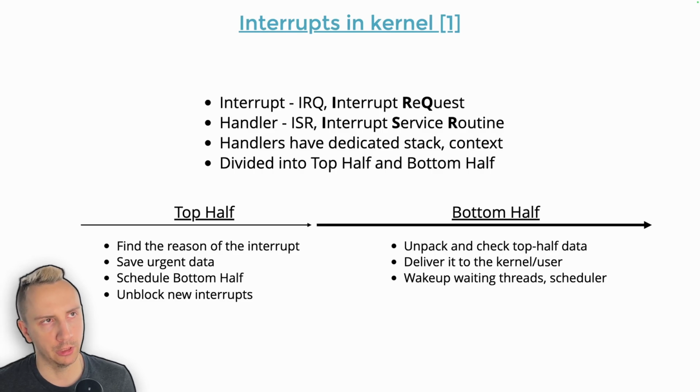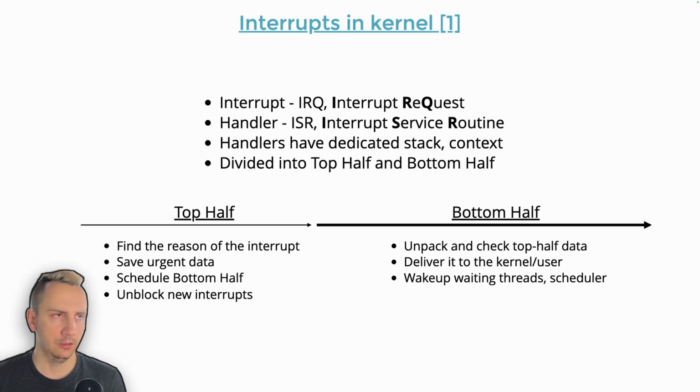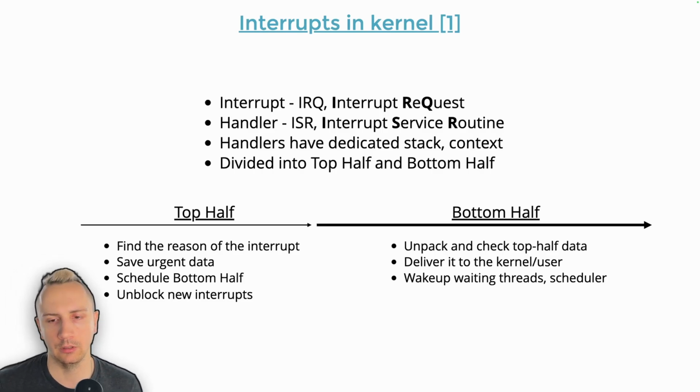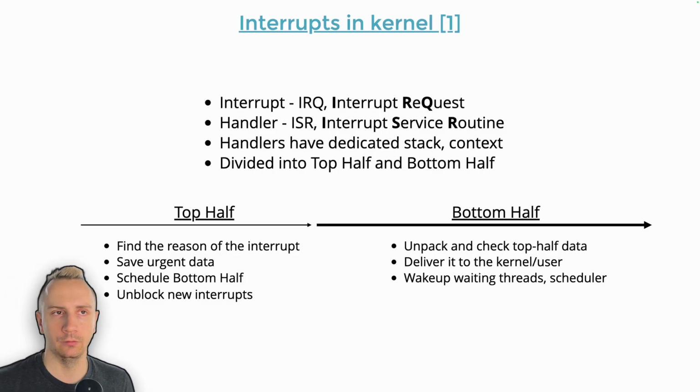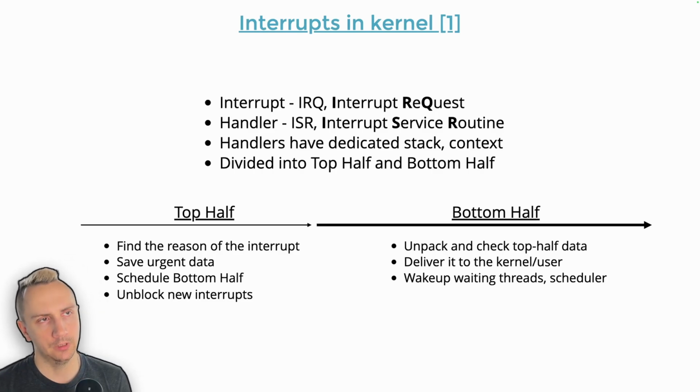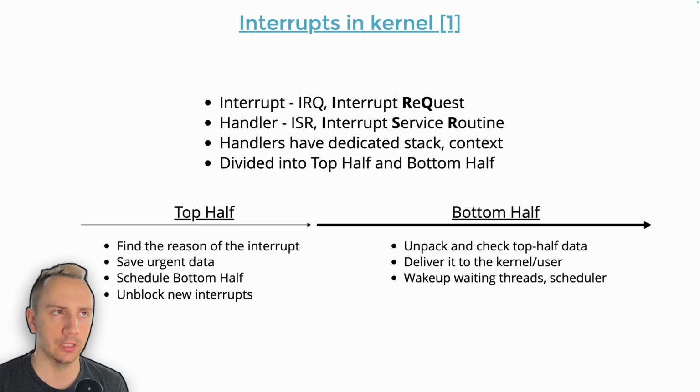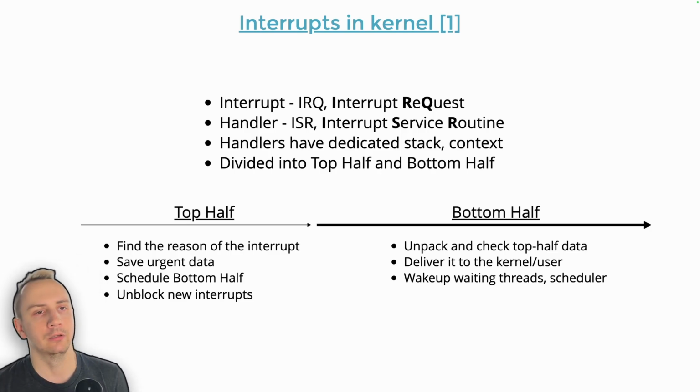We are moving on now to the software part of the interrupt handling, which is located in the kernel. In the kernel terminology, the interrupts are not called just interrupts. They're called interrupt requests, which actually makes a lot of sense if you think about it, because interrupts, we do not handle them in the kernel right away when they come. Interrupt is not causing an interrupt instantly, right?